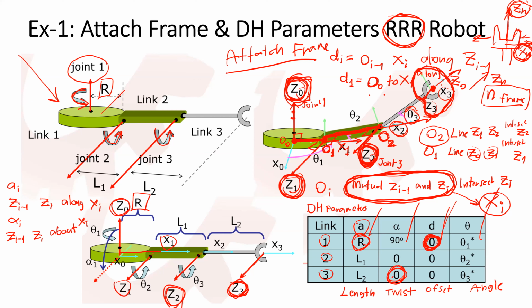By using the right hand rule, we begin with z0 and then measure to z1, about the xi axis. The angle that we get here is alpha 1, and alpha 1 is equal to 90 degrees.